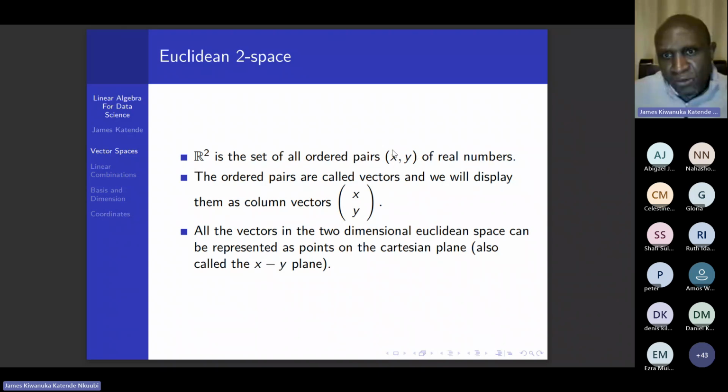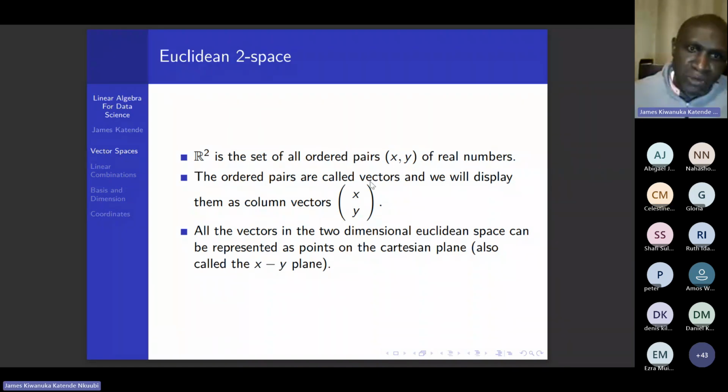We call these ordered pairs vectors, and instead of using the horizontal or row notation, we shall be denoting them as columns. So our vectors will be denoted as columns. This is an example of a vector. We shall define the general case of vectors in a short while.